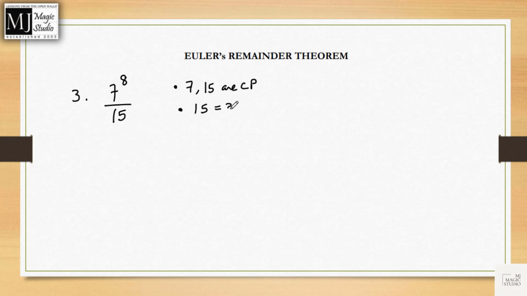So 15 is 3 to the power 1 into 5 to the power 1. The Totient number of 15, we have already calculated earlier, is 15 into 1 minus 1 by 3, which is 2 by 3, into 1 minus 1 by 5, which is 4 by 5. That happens to be 8 and it matches. If the format matches with x to the power t by y, we can say directly the remainder is 1.